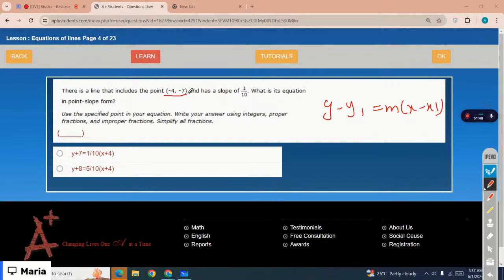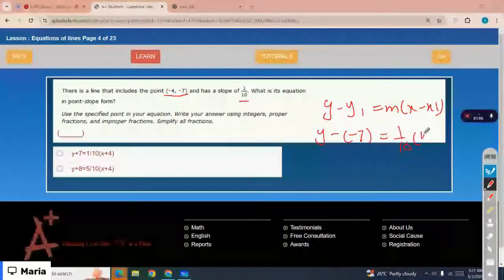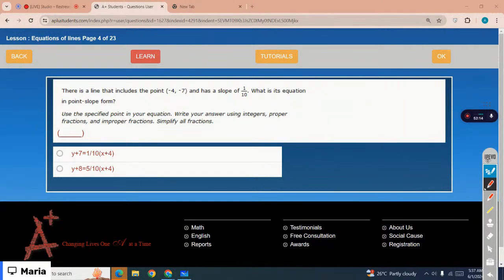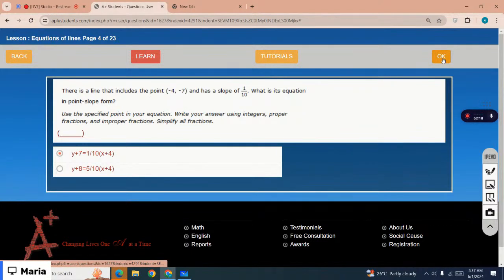So the point is negative 4 and 7, that is y minus 7... so y plus 7 equals 1 over 10 times x plus 4. So which is the correct option? That is option number 1. Y plus 7 equals 1 by 10 times x plus 4.